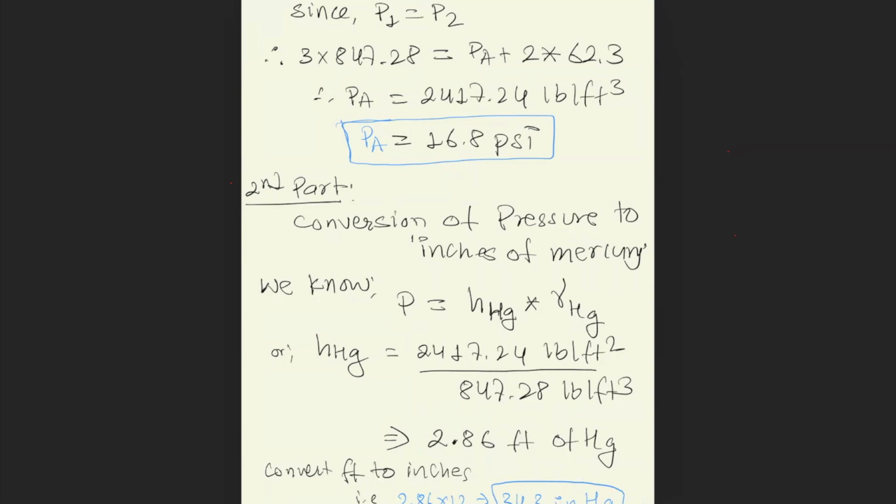Converting feet to inches gives 34.3 in Hg.